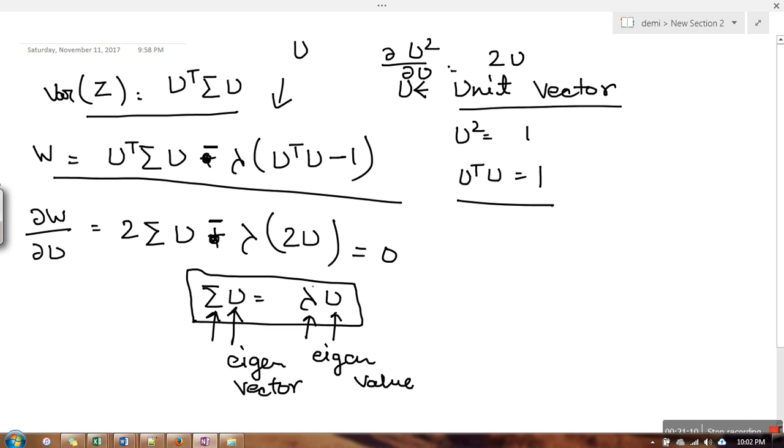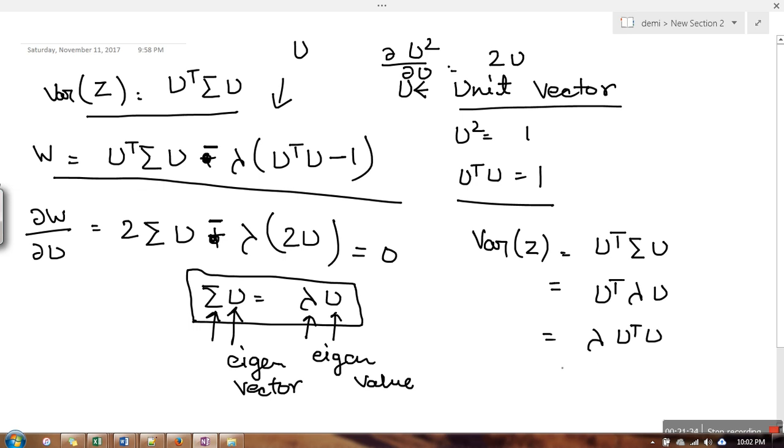Now we know that the variance of z is u transpose times the covariance matrix times u. From here we know that the multiplication of these two terms equals lambda u, and this becomes u transpose u, and as we know u is a unit vector, so this term is equivalent to u square, which is 1.